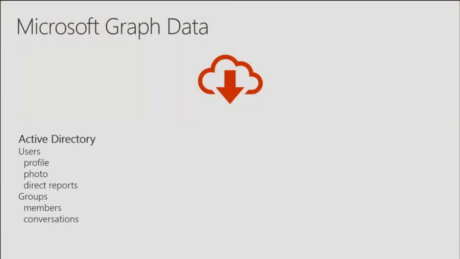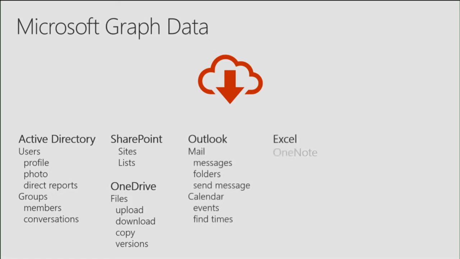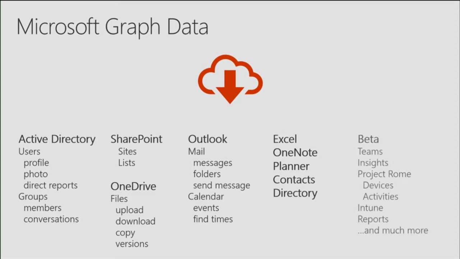OK, so we're going to look a little bit more closely at some of the data. Jeff already showed you some of that. So Microsoft Graph, again, is that gateway to the data in your Microsoft Cloud services and really towards Microsoft 365. So not just the Office 365 data, but also EMS and Microsoft 365.